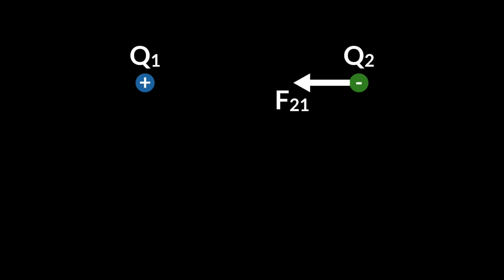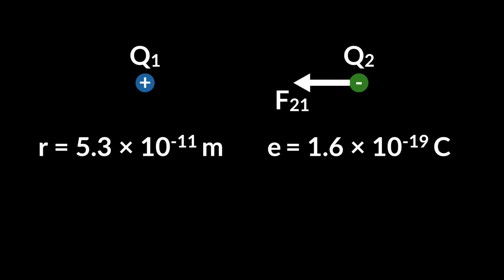And the way we find this is by using our equation. But we need to know a couple of values here, mainly r, which is the distance between the proton and the electron, which is given as 5.3 times 10 to the minus 11 meters, and e, which is the charge on each of these. Now, e is actually an elementary charge, or 1.6 times 10 to the minus 19 coulombs.